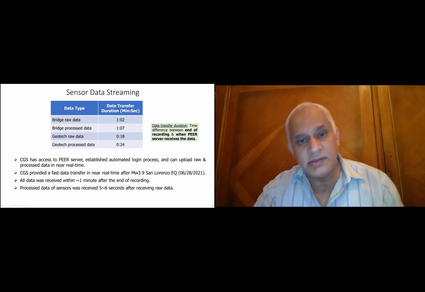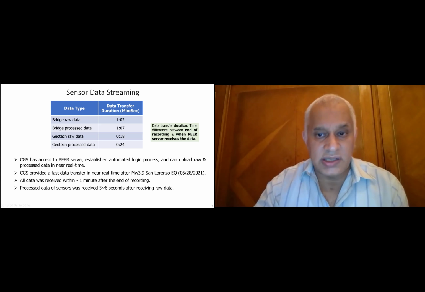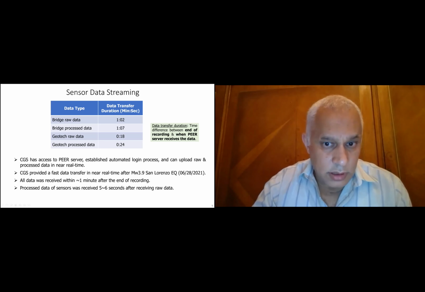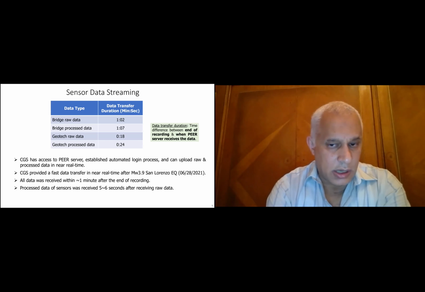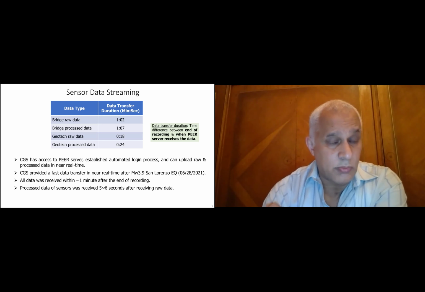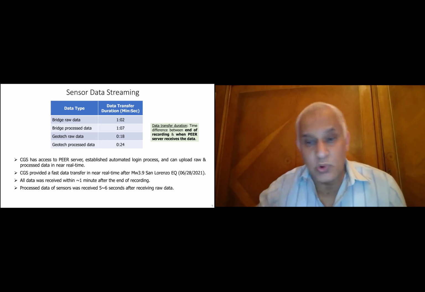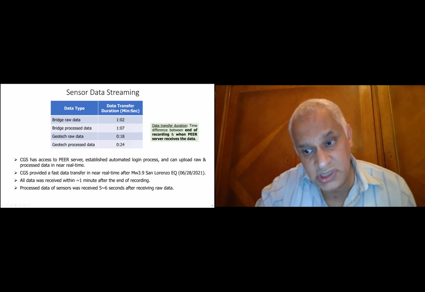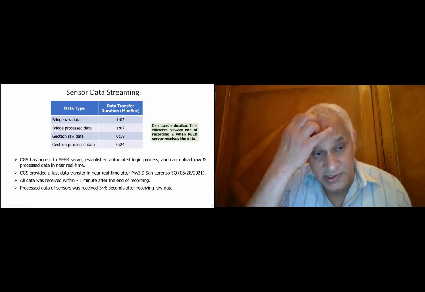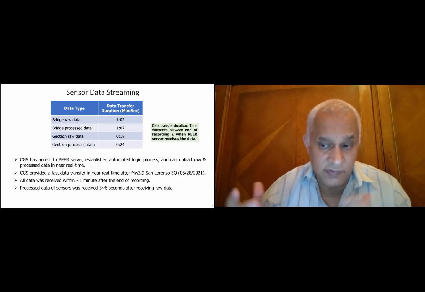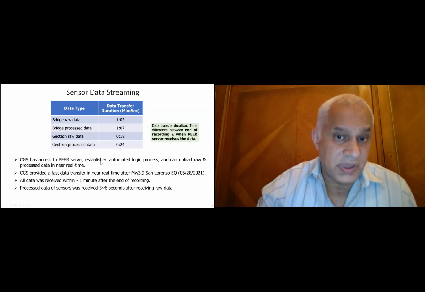In a recent small earthquake that happened near Berkeley, it took about 1 minute for the data to be acquired. And the processed data compared to the raw data has a small overhead of about an additional 5 to 6 seconds. So it's not that much difference in terms of the time at which we receive the data if we use the processed data compared to the raw data.